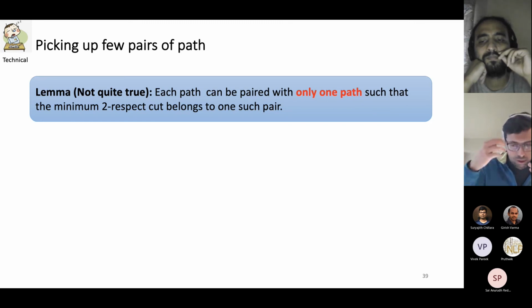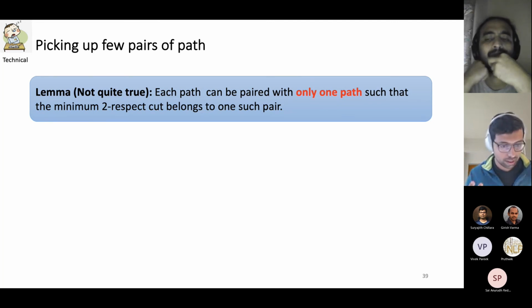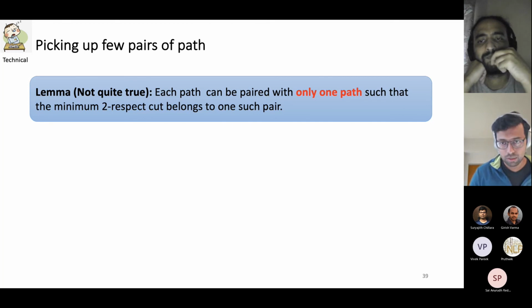Now, suppose I give you the tree, and you have already done the tree decomposition, and somehow, as it turns out, each path in this tree decomposition can only be paired with one other path. Then it's not very hard to see that you can do the whole thing pretty quickly. You can find the two-respecting min cut pretty quickly. How?